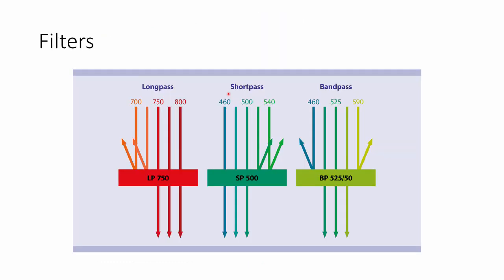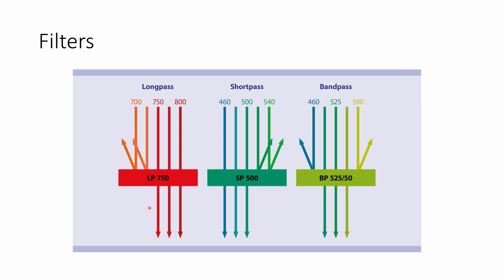These filters are of different types. So we'll talk about types of filters. The management of light or optics in flow cytometry is achieved by the use of filters. There are many types of filters, but here we discuss 3 types.